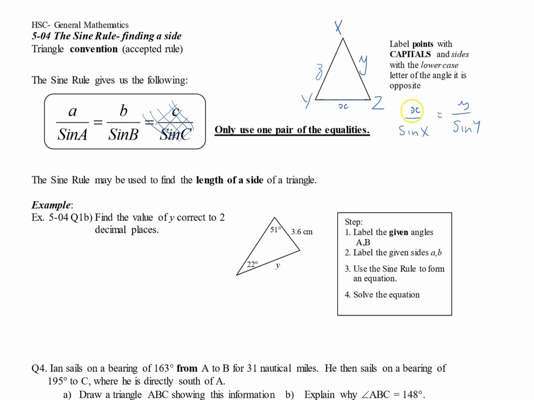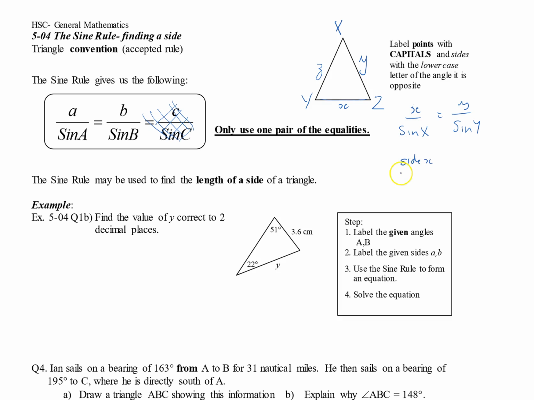Now, let's look more closely at the rule. What is it actually saying? It's saying that we've got two fractions and we know that they're equal, and they will always be equal. What do the fractions look like? We've just said lowercase x is a side.